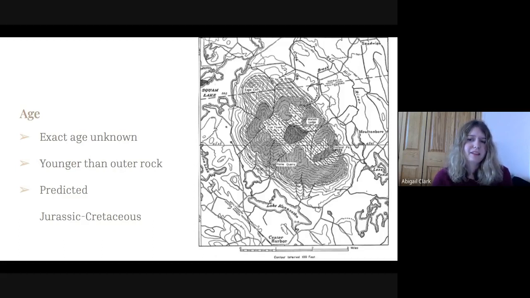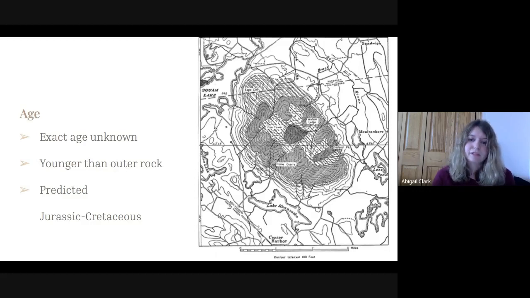And the reason that the age is unknown is one, this series of rocks, especially the Nepheline-Sodalite syenite, make up 2/3 of 1% of all the rocks in the White Mountain magma series. So there are not a lot of syenites in this region, and because of that, they're not studied very well.